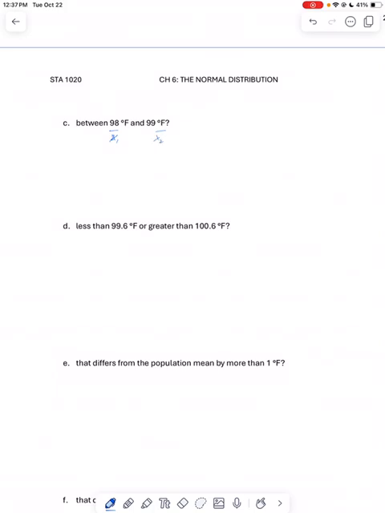So z1 will be 98 minus 98.6, which comes out to be negative 0.82, and then I find z2, which is 99 minus 98.6 over 0.73, which comes out to be 0.55.